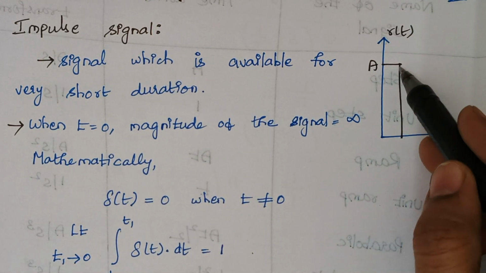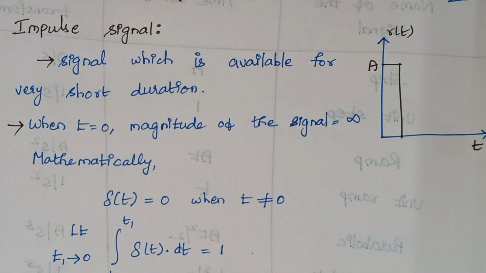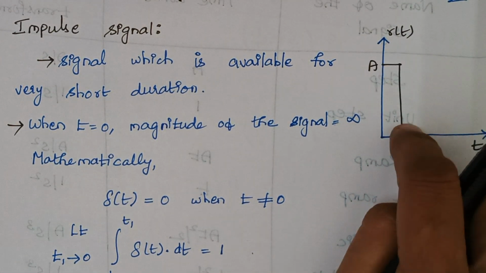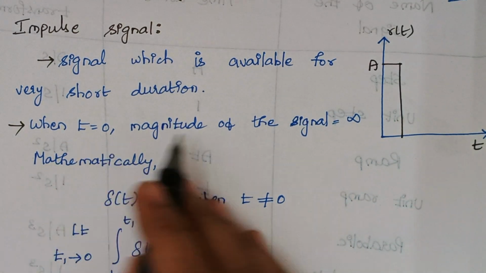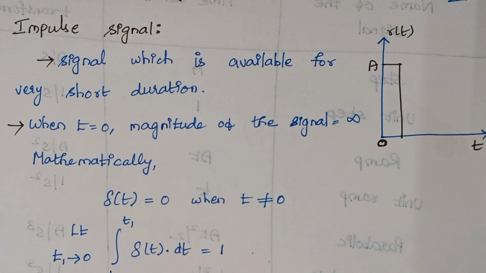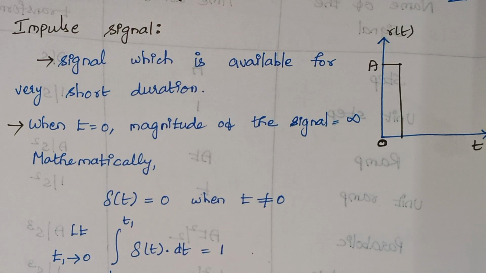So here this is the typical graph of your impulse signal. This is again in the form of a pulse, and when t is equal to 0, the magnitude is about infinity. This is very, very high. But when t is greater than 0, its magnitude becomes 0.